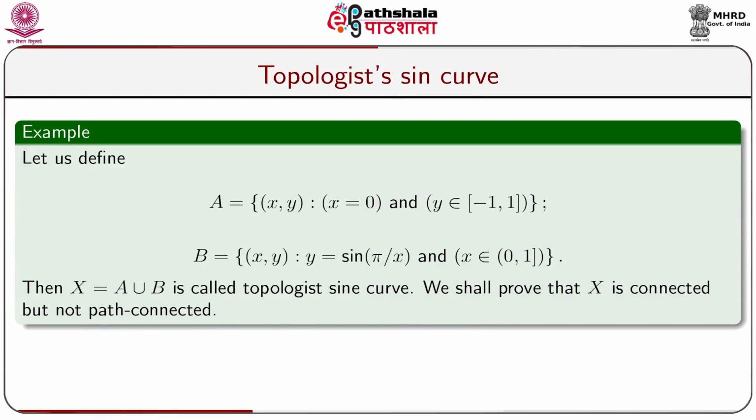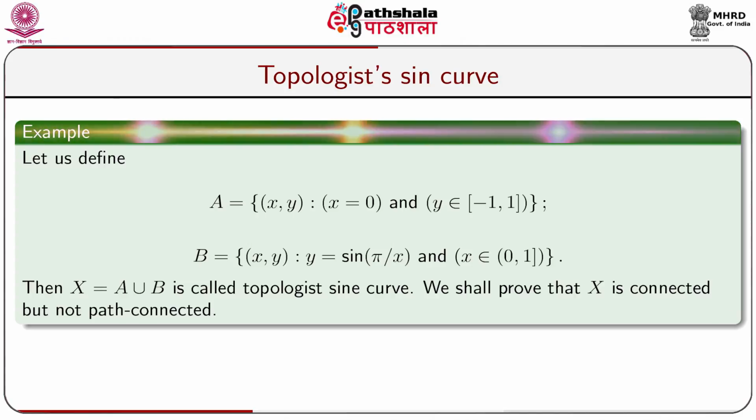In case of connectedness, we have proved that the closure of any connected set is connected. What happens in case of path connected sets? We also want to know an example of a connected topological space which is not path connected. In fact, most connected topological spaces are path connected.